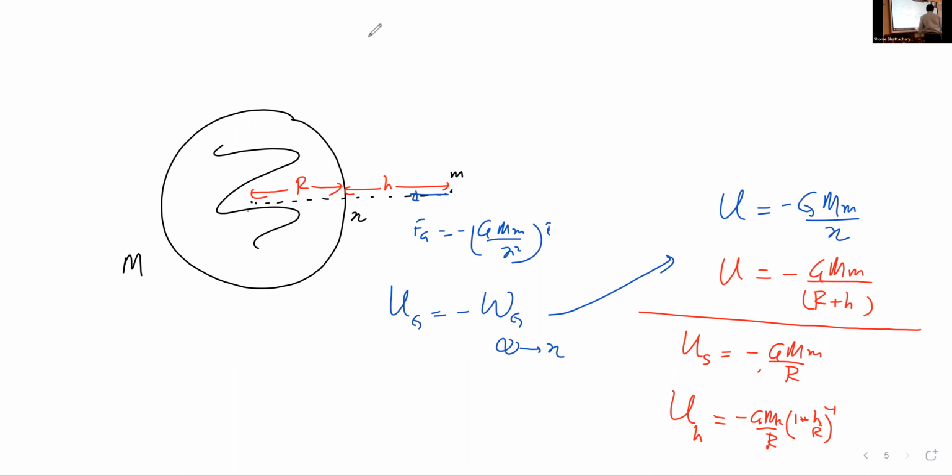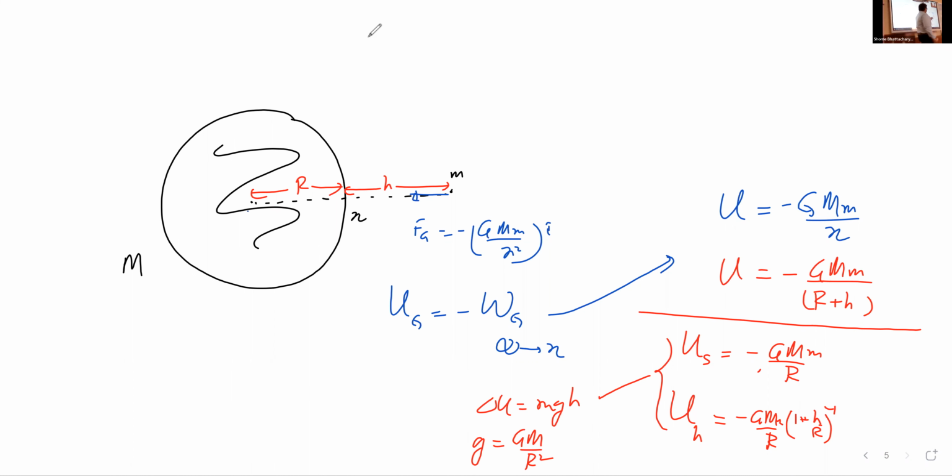So it's not much. That's why we are able to say that the difference in potential energy between this and this is equal to m small g into h, where small g is capital GM upon r square.